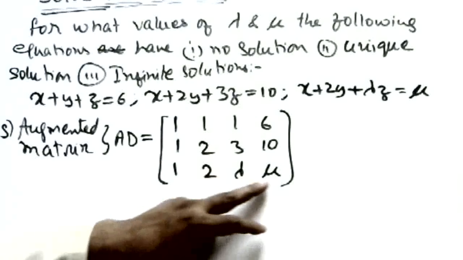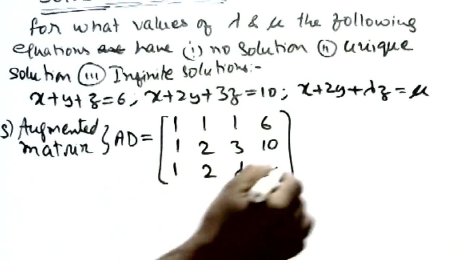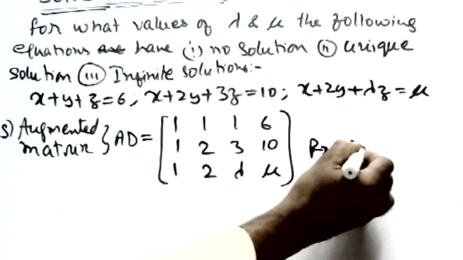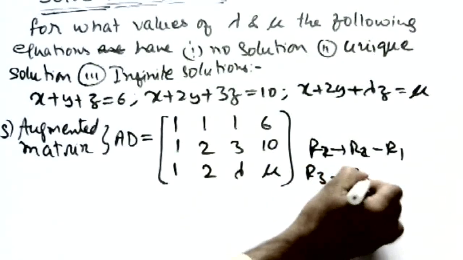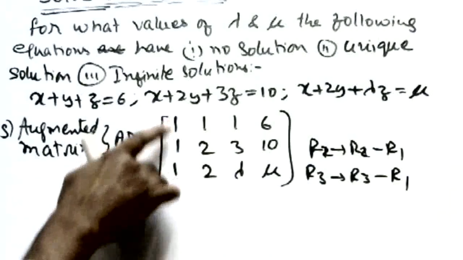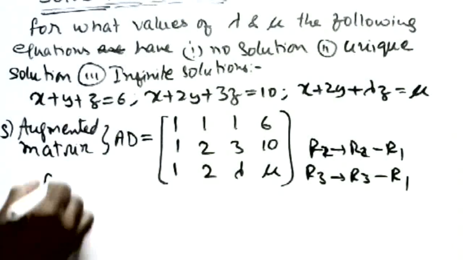Let me change it into equivalent form. After that we will see what the conditions and situations are. First, let me make this 2 zero, very easy. R2 implies R2 minus R1 and R3 implies R3 minus R1.